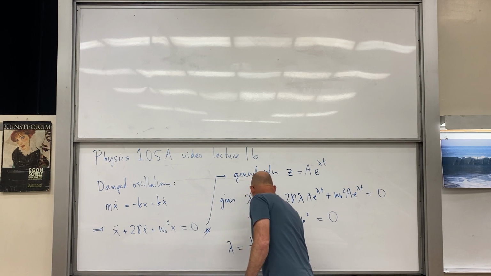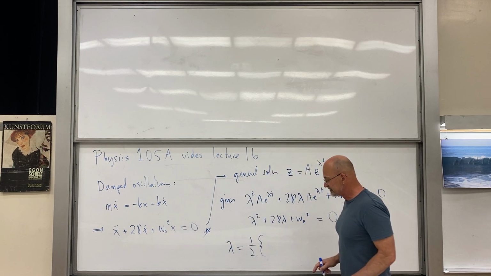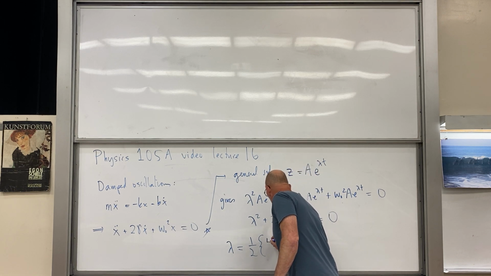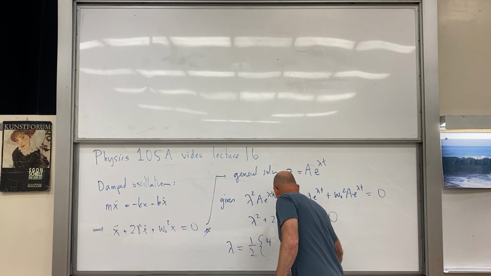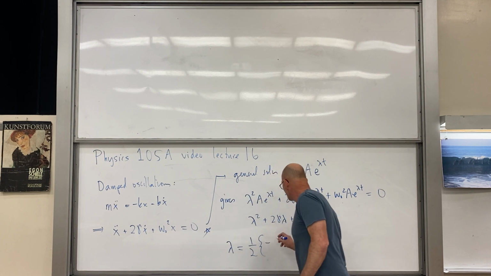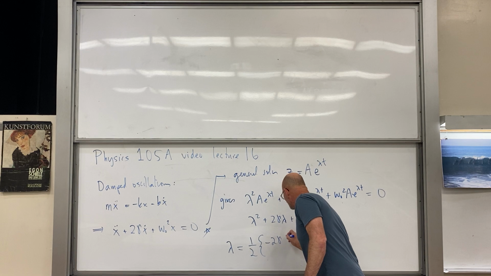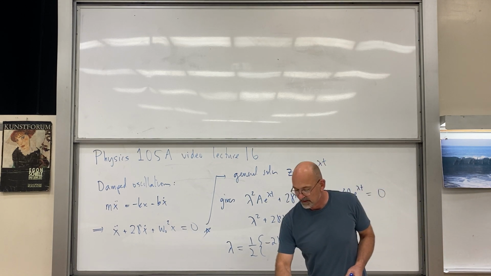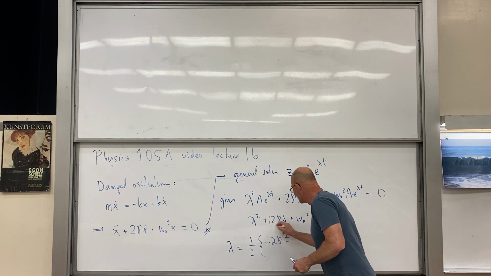Negative b, not b squared, sorry about that. So minus 2 gamma, negative b plus or minus the square root, we all know our quadratic formula.